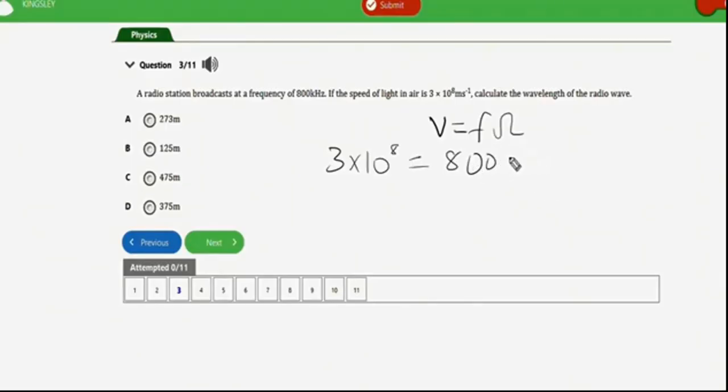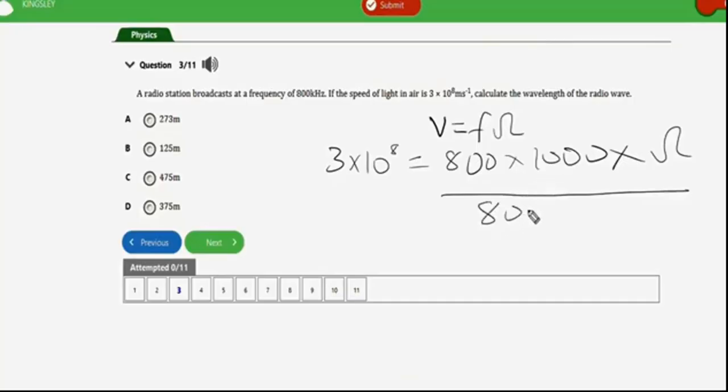Now that is 800 times 1000, then times the wavelength we are looking for. Okay, so to make wavelength the subject, divide both sides by the frequency. So 800 times this 1000, we are going to have 800,000.